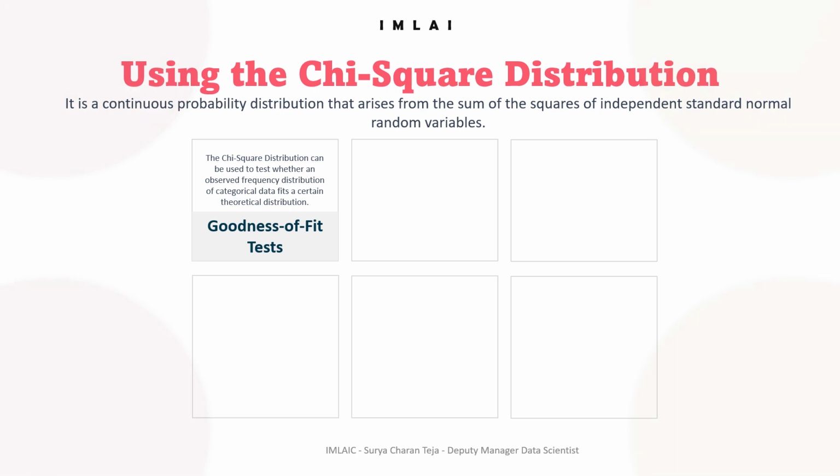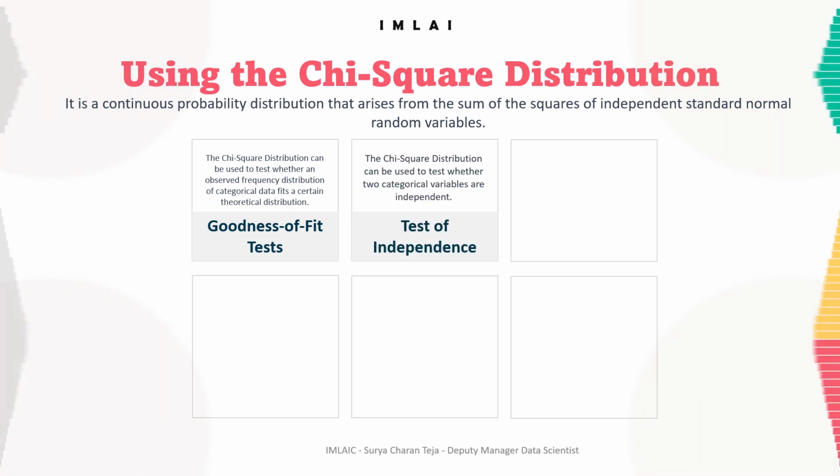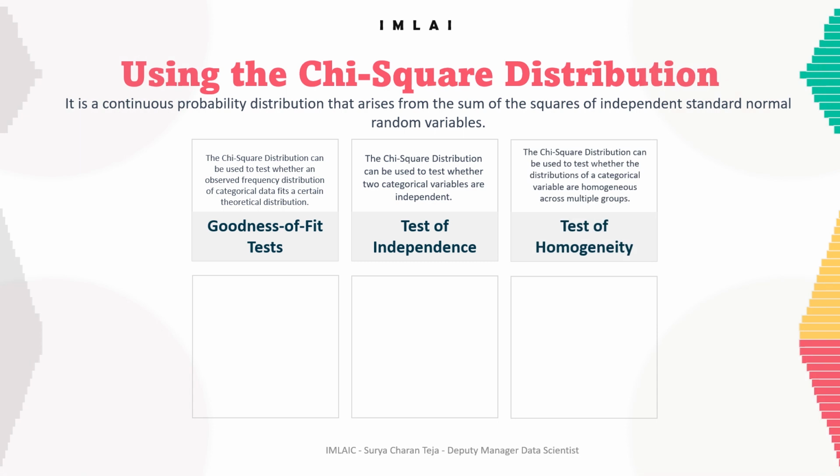Then the test of independence: the chi-square distribution can be used to test whether two categorical variables are independent. Then the test of homogeneity: it can be used to test whether the distributions of a categorical variable are homogeneous across multiple groups.